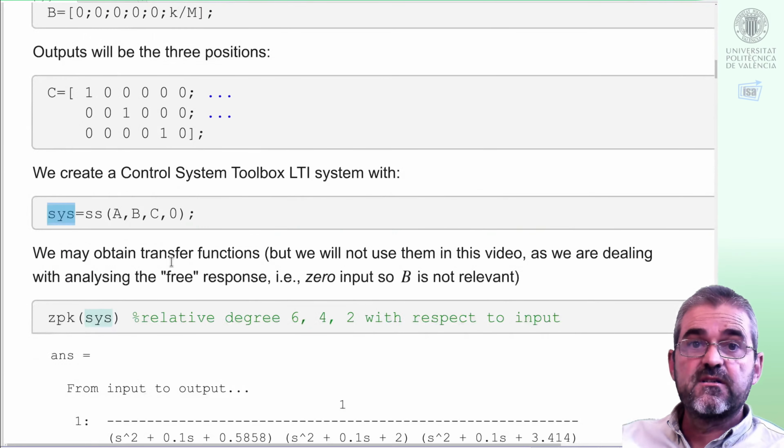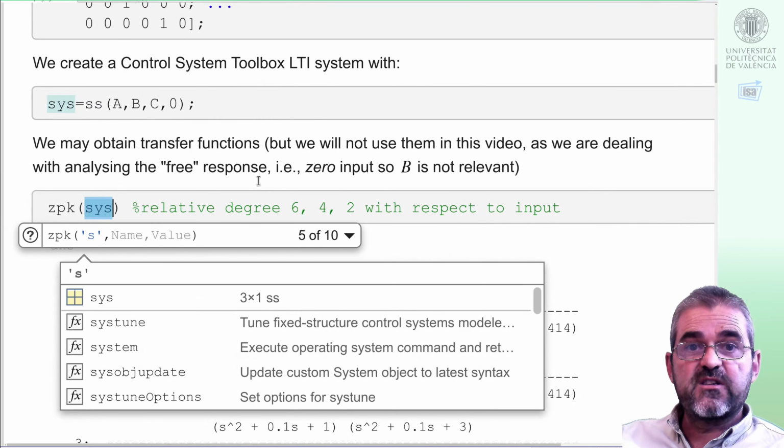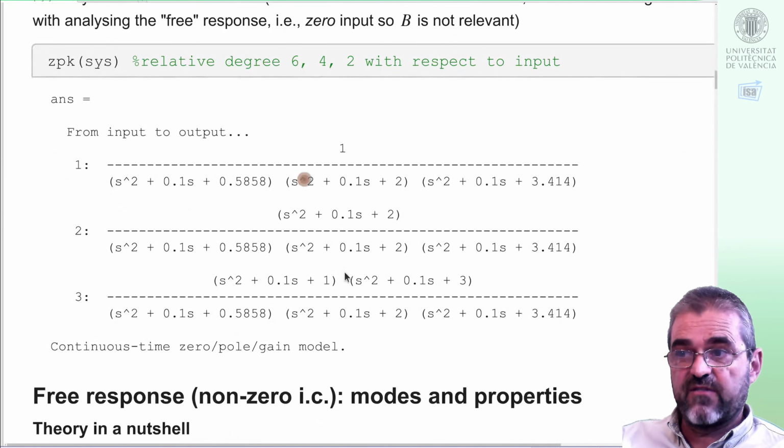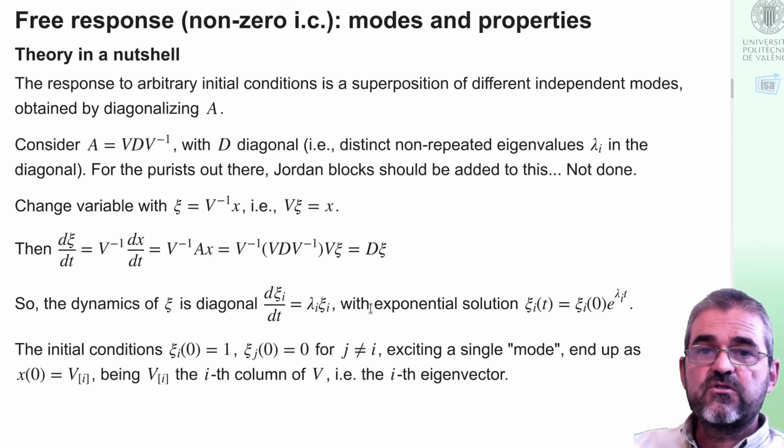And for instance, we can obtain the transfer function of the 3 displacements from the input, in this case of course transfer function matrix, because we have 3 outputs. But as we are studying the free response, then the input force response and transfer functions will not actually be relevant. So we are interested in the free response modes.